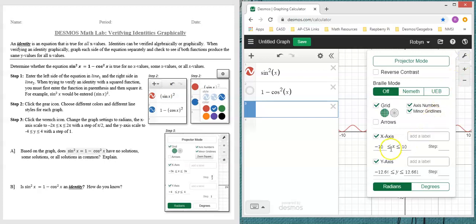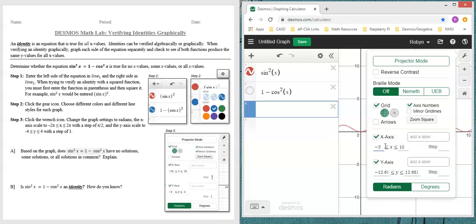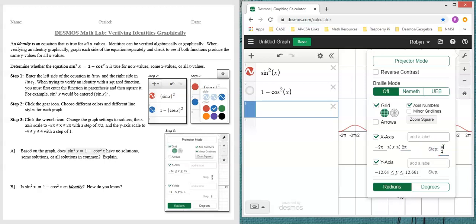Let's get rid of the minor grid lines, and we can change this to negative 2 pi, and then we'll make the x maximum 2 pi, and we'll step by increments of pi over 2.